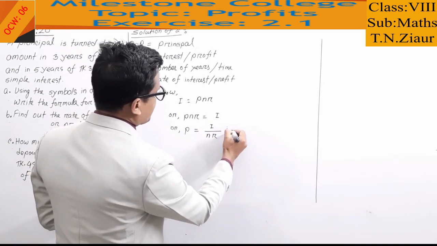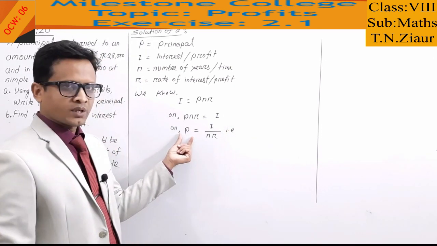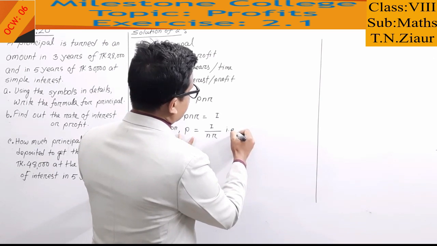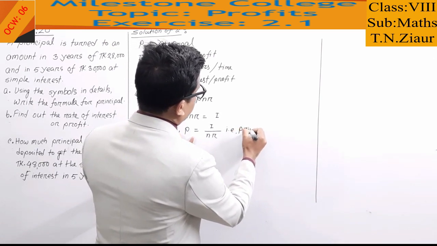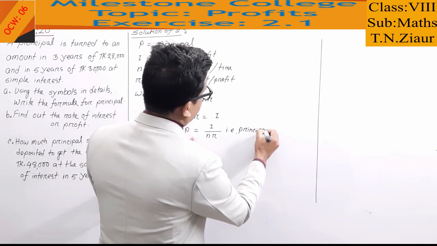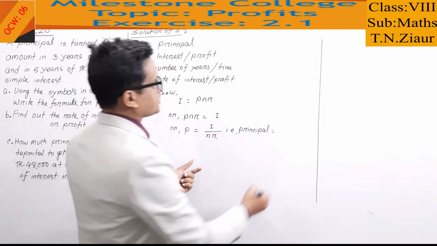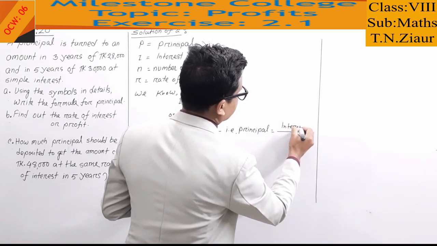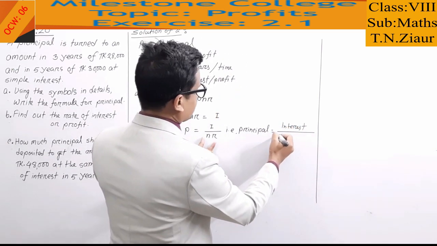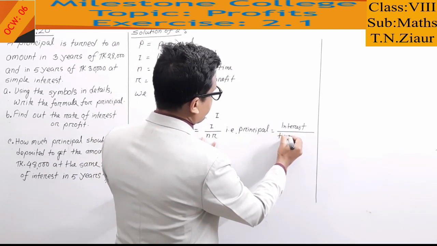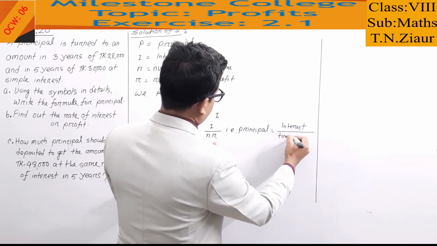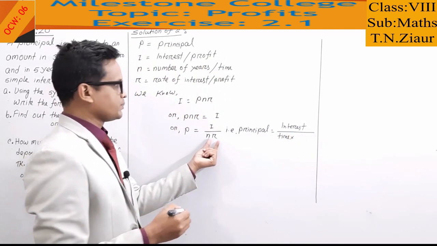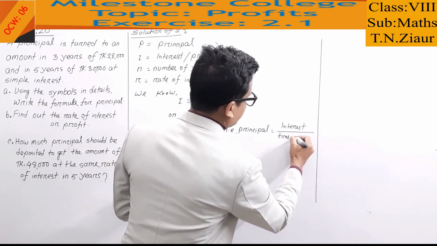That is, P means principal. If you write it in detail, principal is equal to interest or profit, N is equal to time, and R is equal to rate of profit or rate of interest.